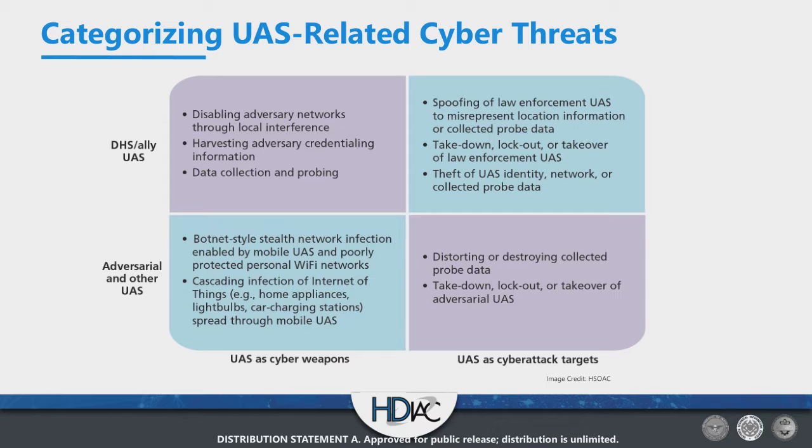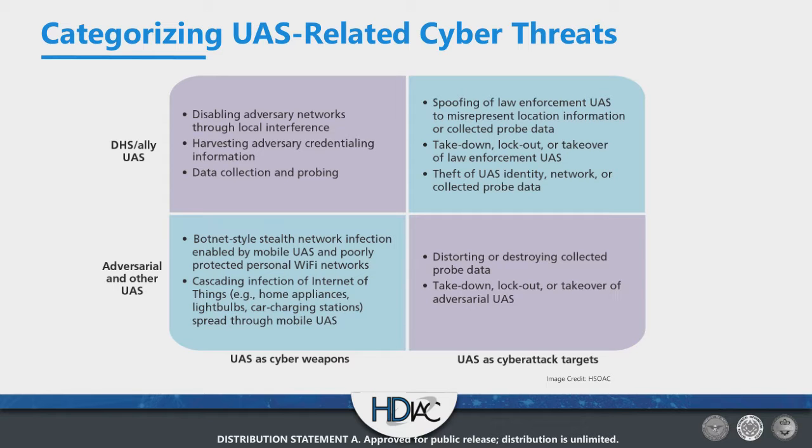So this is kind of a little bit of an eye chart. It just goes over drones being used as cyber weapons, but also drones being cyber attack targets. So if you employ drones in your organization, they're also a target of cyber attacks. And then there's drones that are operated by DHS.